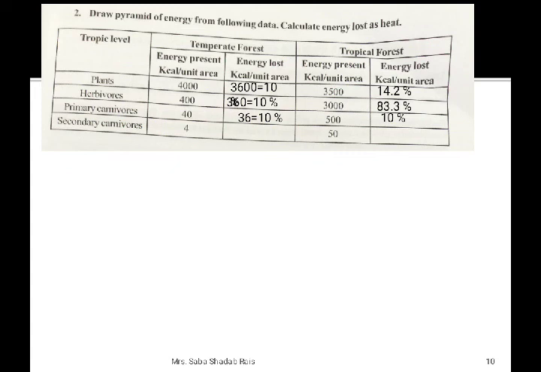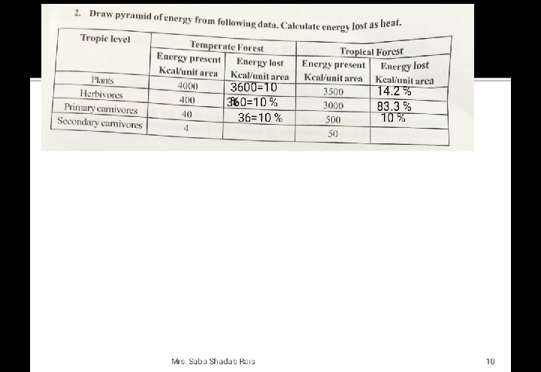Now if you observe, the case is not the same in the next type of ecosystem, that is the tropical forest. If you observe the tropical forest, you will find that in the case of the plants, the total amount of energy is 3,500, right? But if you see the next level, the energy lost at the herbivore level is not so much.